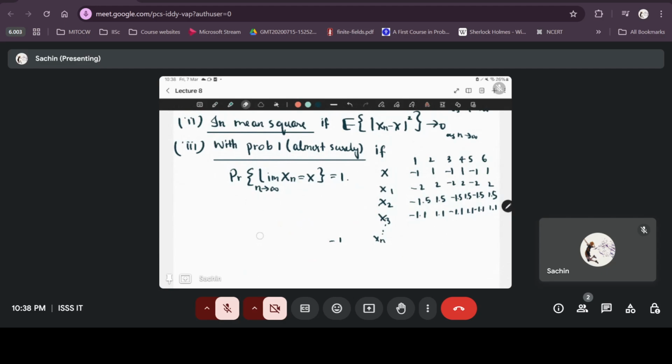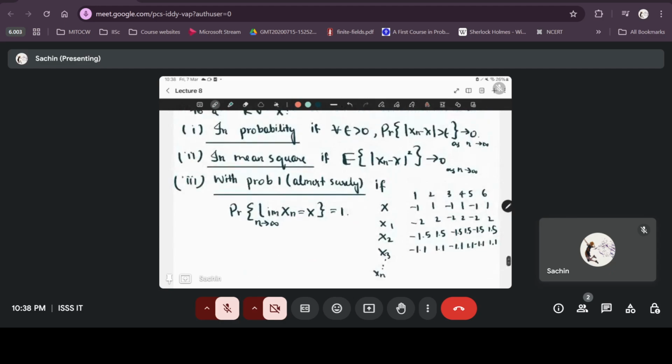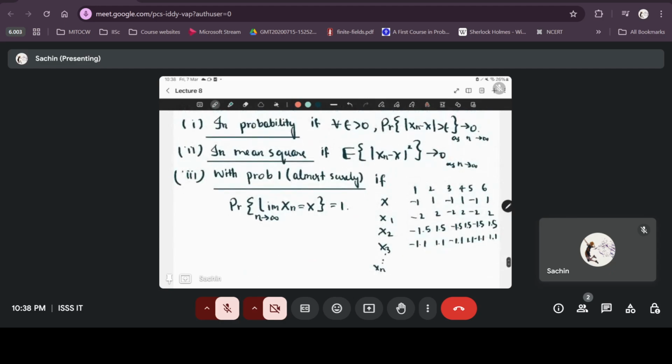Convergence in probability is kind of similar, where for each outcome, the probability that the absolute value of the difference xn minus x is greater than epsilon must go to 0. So we should be able to get it arbitrarily low by picking n sufficiently large.